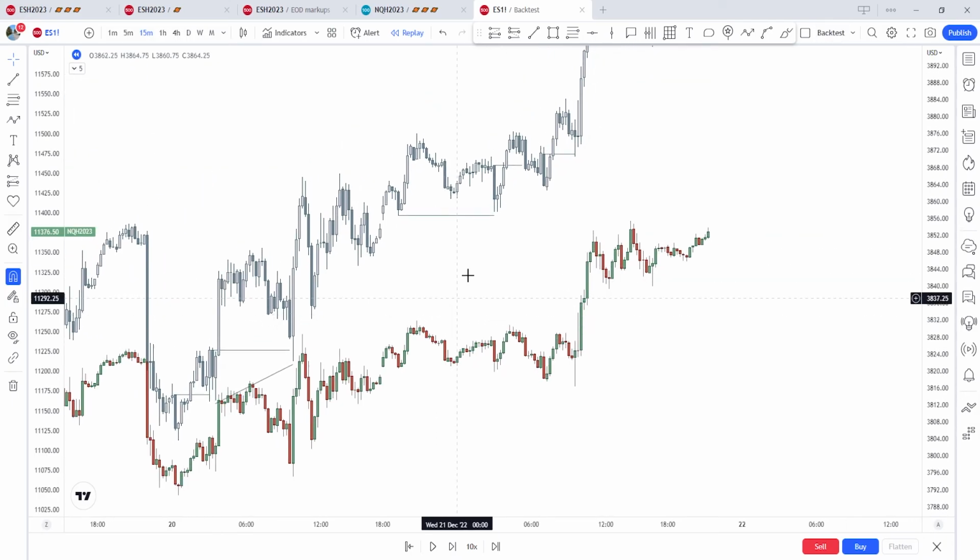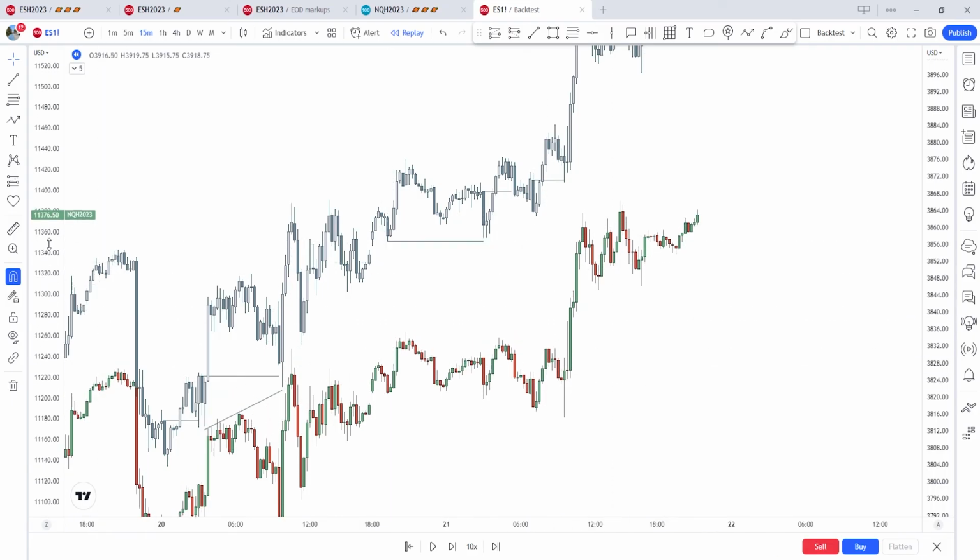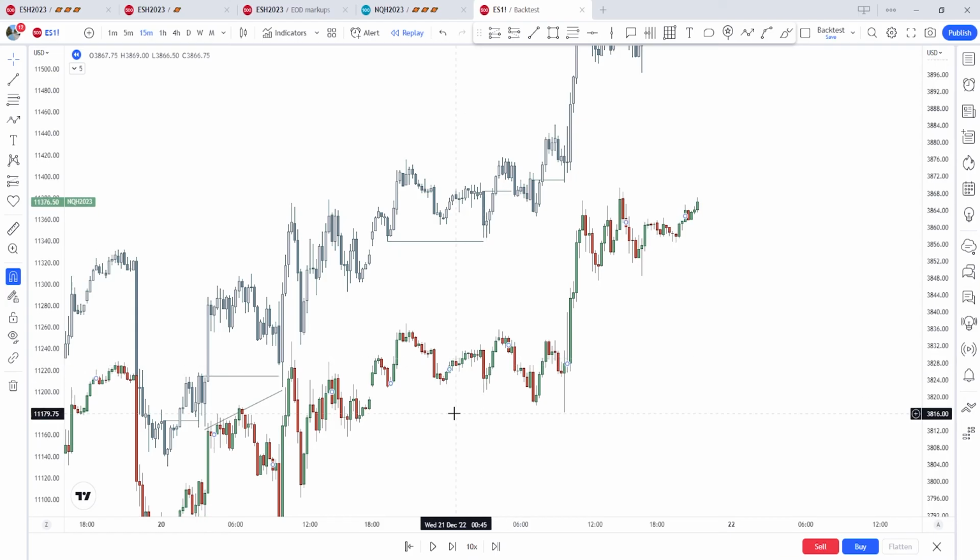Next one is this opening gap that we have here and the swing low. You can see, if I zoom in a bit, that Nasdaq traded into the gap while E-mini S&P didn't.